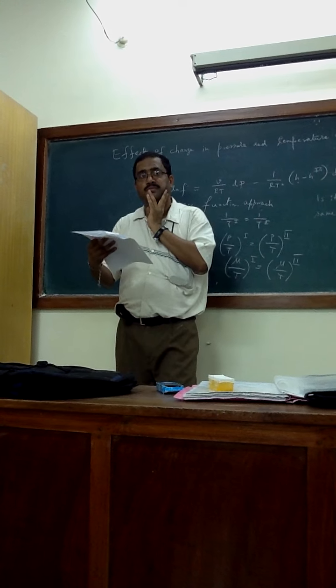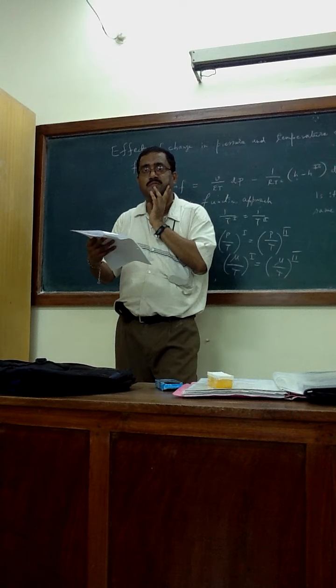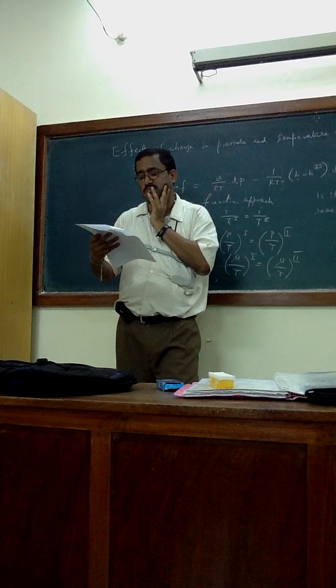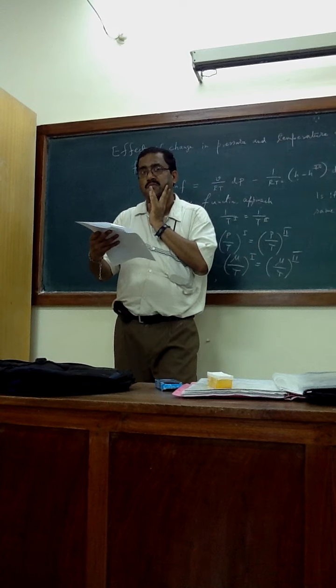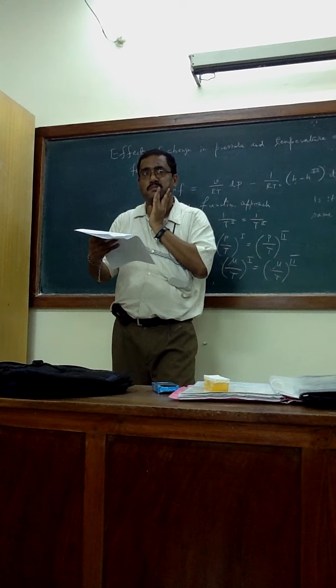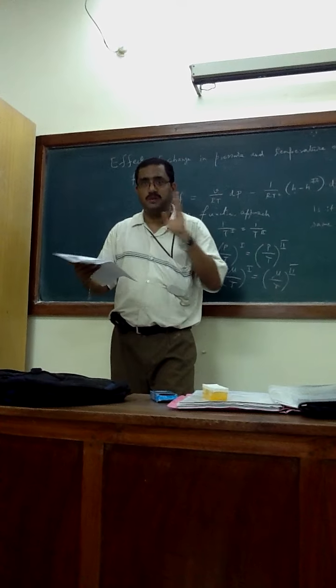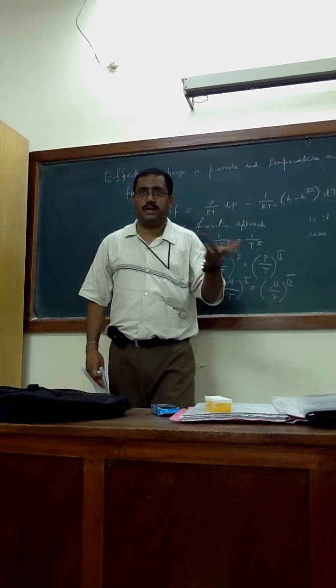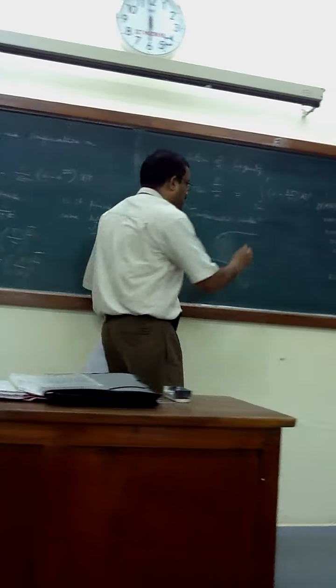You don't write the units. That's the problem. When you do the calculation of RT by P, what should I do? I will write the units. 8.314, whatever, kilojoule per kg per whatever, T, pressure, whatever pressure you have.